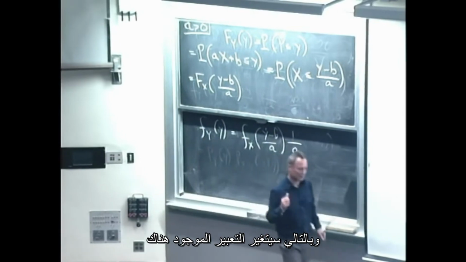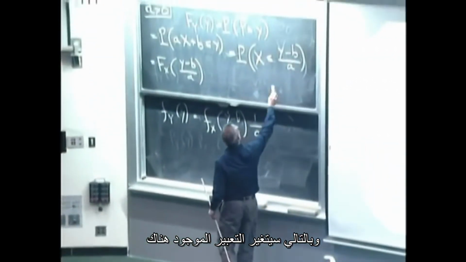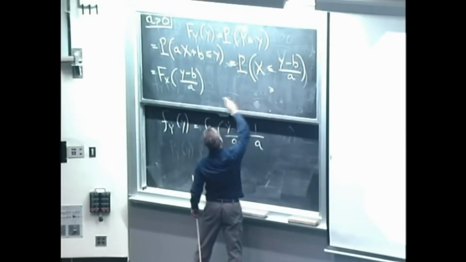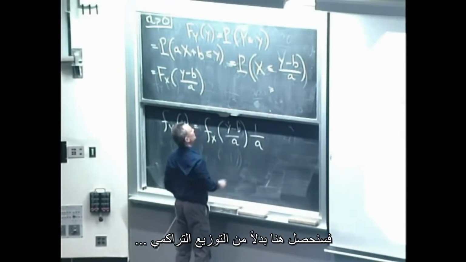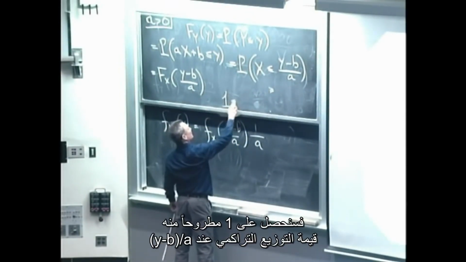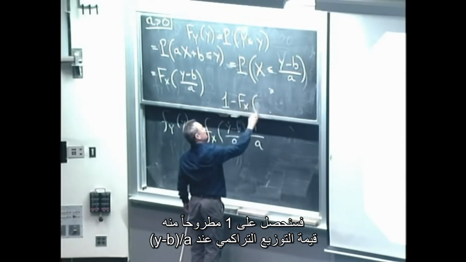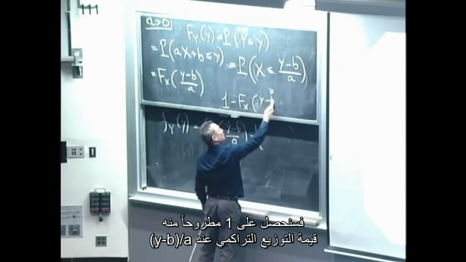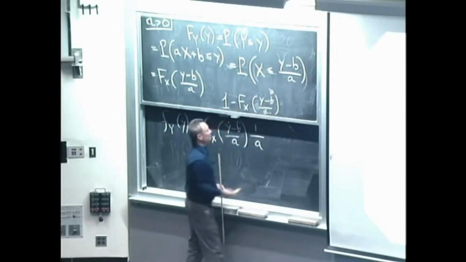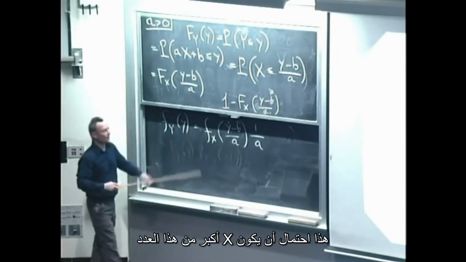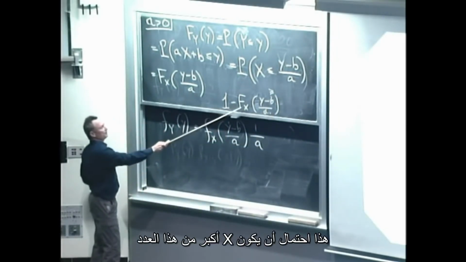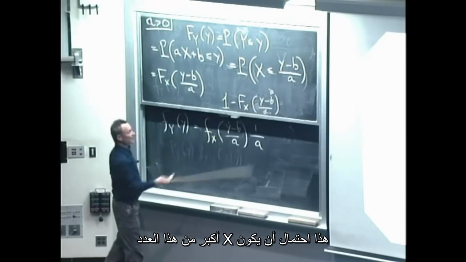And in that case, the expression that I have up there would change. When this is larger than, instead of getting the cumulative, I would get 1 minus the cumulative at (y minus b) over a. So this is the probability that x is bigger than this particular number.